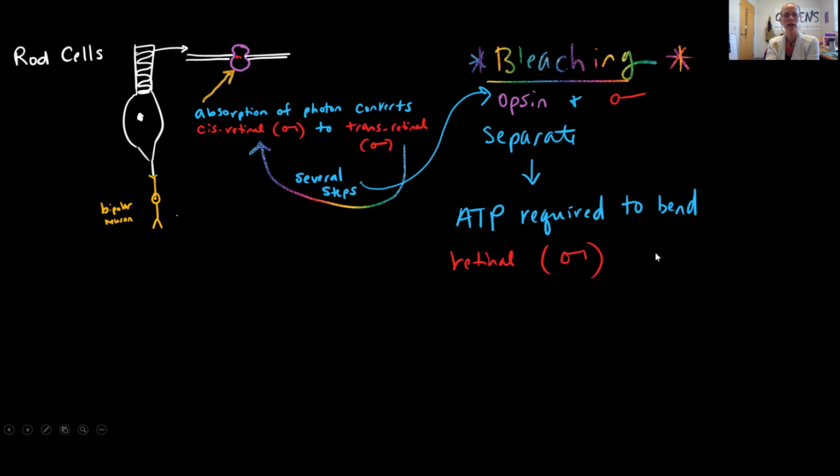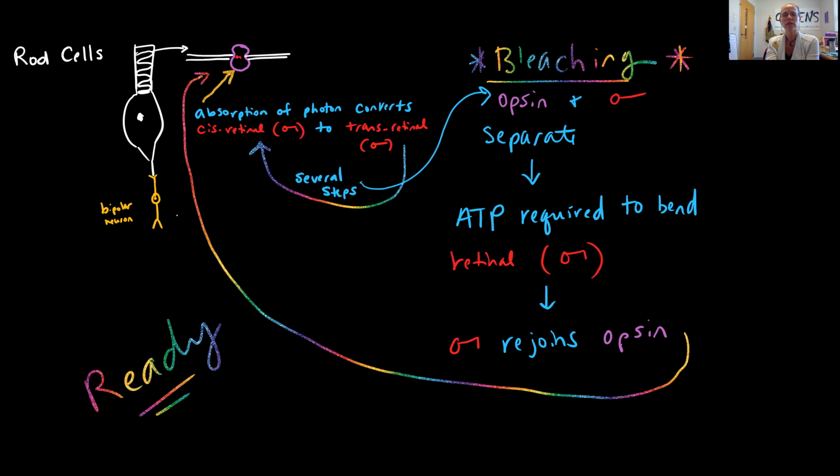But this whole time, that opsin is bleached. There's no retinol there. It can't be stimulated again. It can't absorb any more photons. And so then it's after the retinol is back to its bent or cis shape that it can rejoin opsin and it's ready to be stimulated again.